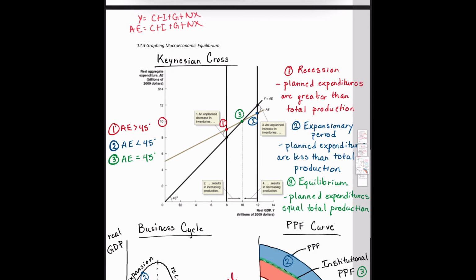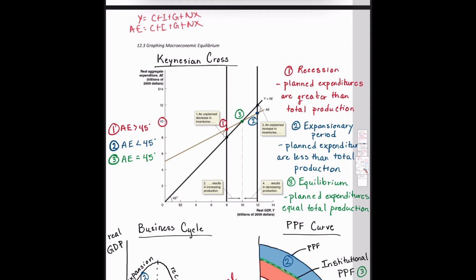So first, we're going to talk a little bit about the Keynesian cross model. This is using a 45-degree line to illustrate essentially real GDP versus real aggregate expenditure. AE is on the y-axis, GDP is on the x-axis.